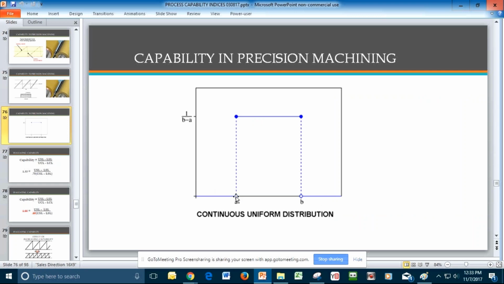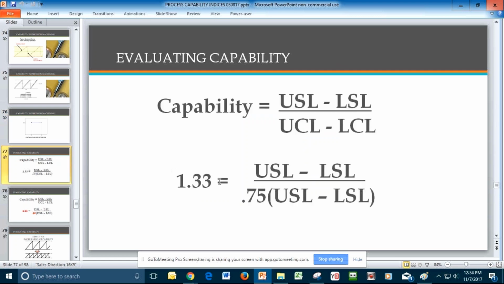And what happens is you're adjusting between these two points. Those are your control limits. So instead of calculating 6 sigma as this distance, it's actually just the distance between the upper control limit and the lower control limit. So if you want a capability of 1.33, you just use 75% of your specification.